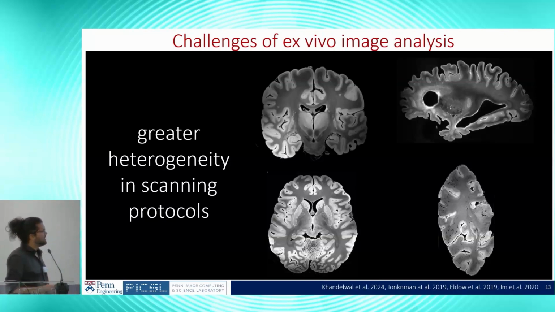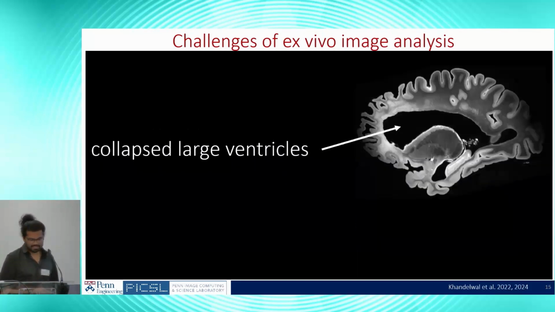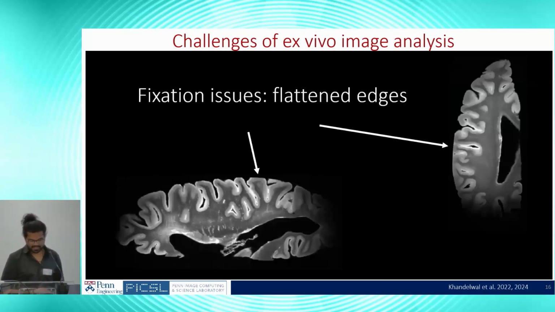So we have greater heterogeneity in scanning protocols. There is just greater textural complexity between scans. Again, these are severely demented patients, so every brain scan looks very different from each other. There are large collapsed ventricles in many of these scans. Then there are flattened edges due to the fixation process.